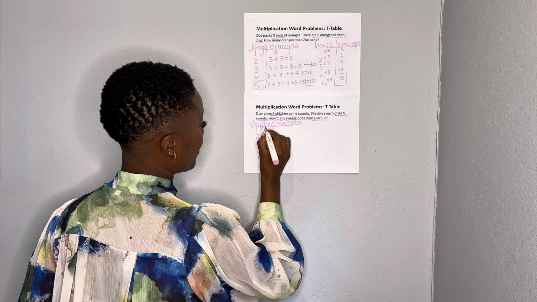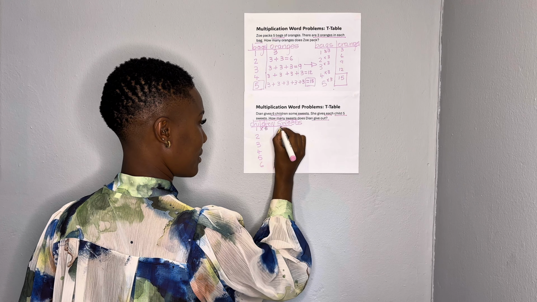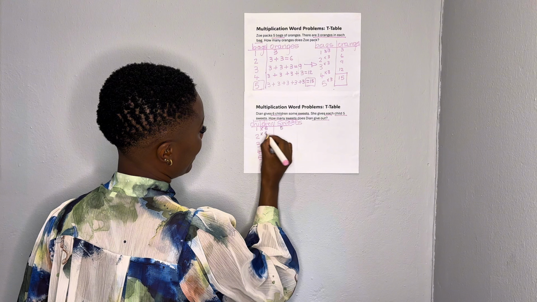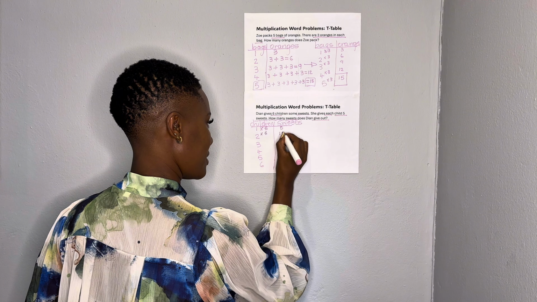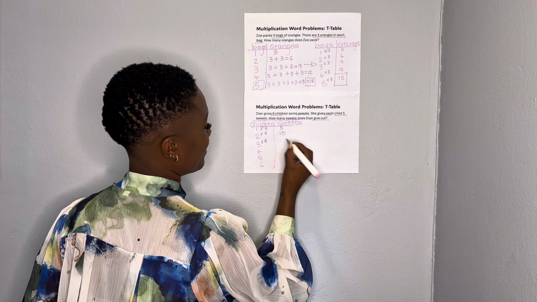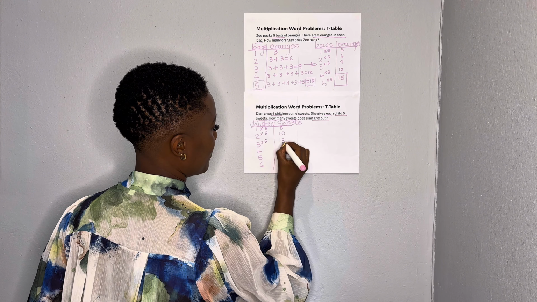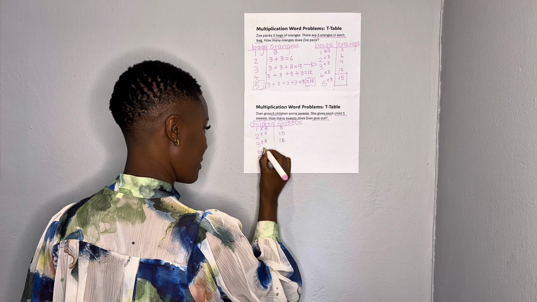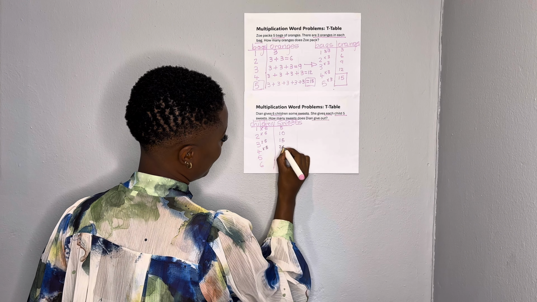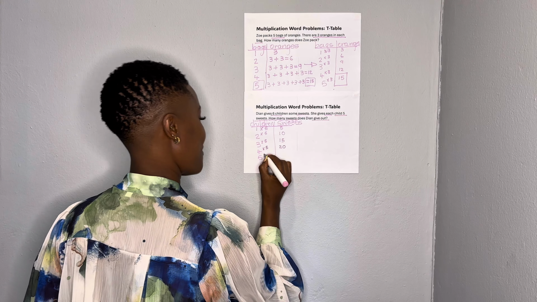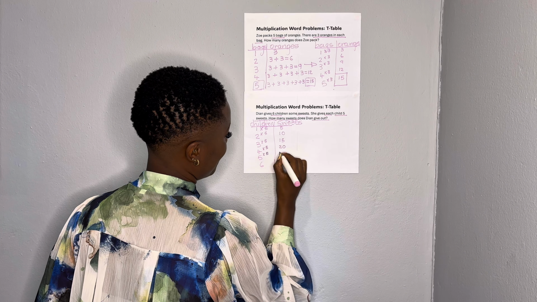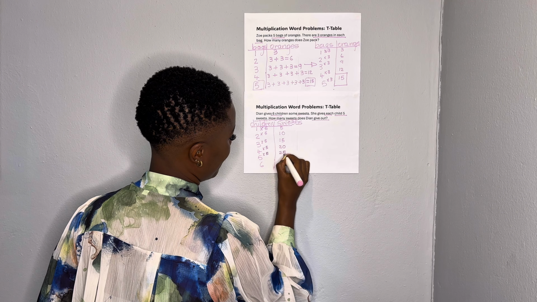It will be 1 times the 5 sweets. 2 times 5, 10 sweets. 3 times 5, 15 sweets. 4 times 5, 20 sweets. 5 times 5, 25.